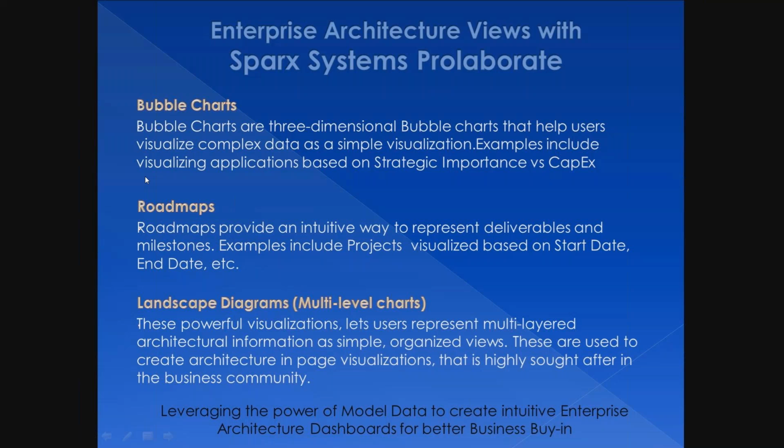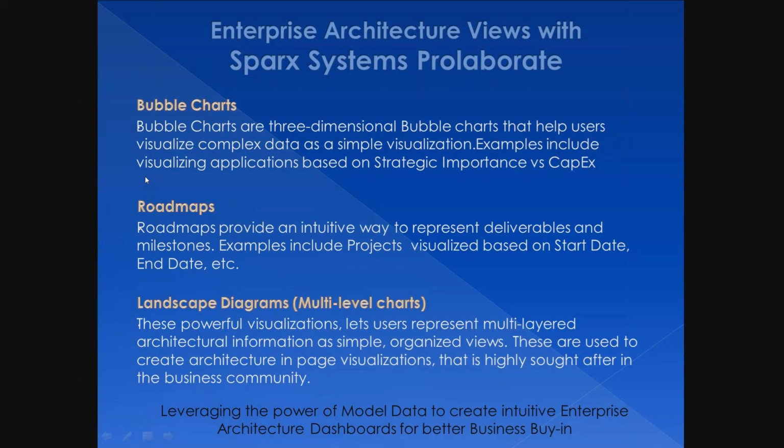We then have the Pro Cloud Server, which allows you to make this information available to anyone, anywhere around the world, allowing people to view the information in the palm of their hands on a mobile device, a cell phone, or a tablet, or just using a URL. And then we have Prolaborate, Sparx Systems Prolaborate, which allows you to provide those visualizations.